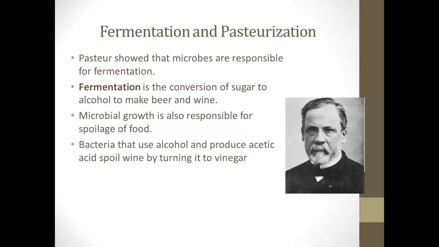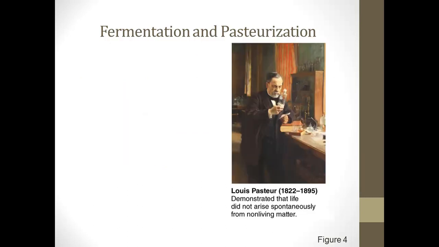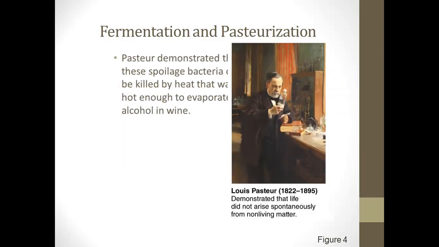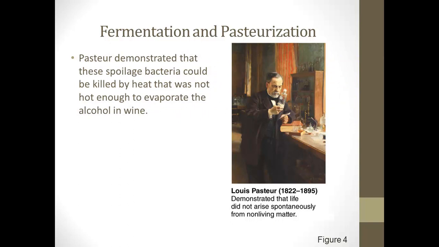Bacteria use the alcohol that is produced in wine or beer, and then it produces an acetic acid, which of course will spoil the wine by turning it into vinegar. Pasteur demonstrated that these spoilage bacteria could be killed by heat that was not hot enough to evaporate the alcohol in wine.